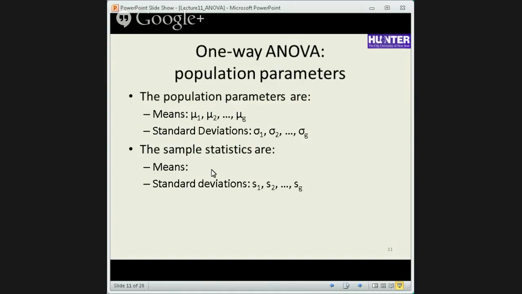That would be x1 bar, x2 bar, dot, dot, dot, xg bar. And the standard deviations, S1, S2, up to Sg.